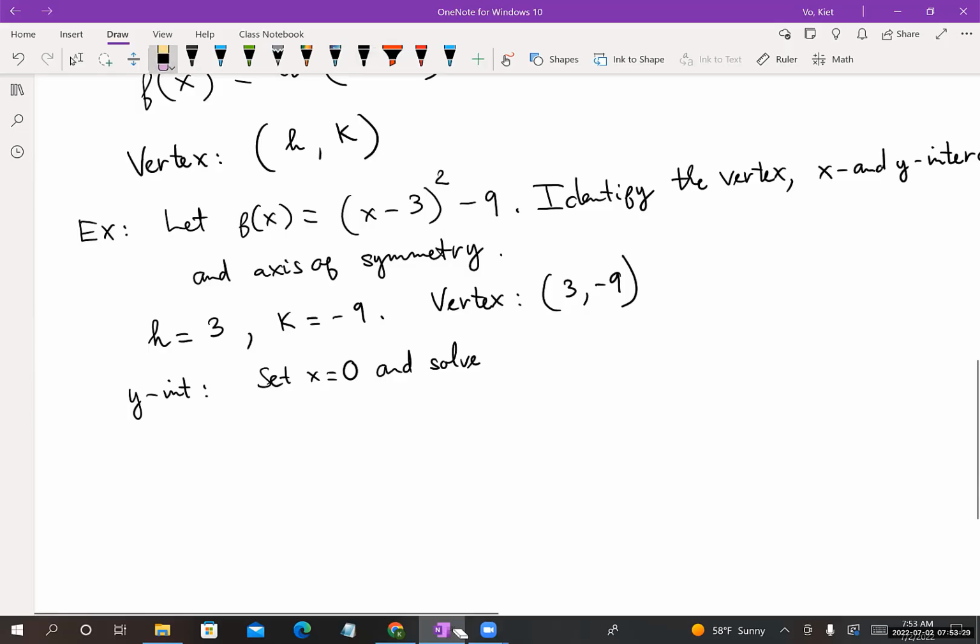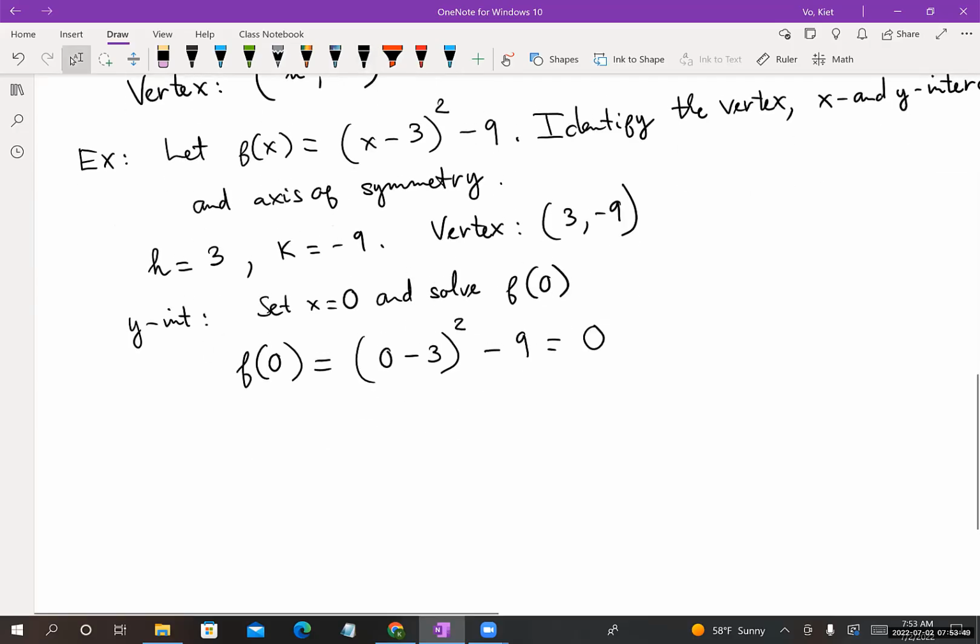Well, in this case, I guess I want to say f of 0. So we have f of 0 is going to be 0 minus 3, this quantity being squared, and then subtract 9. So that gives me 0. So the y-intercept I obtain here would be 0, 0. So the parabola would pass through the origin.